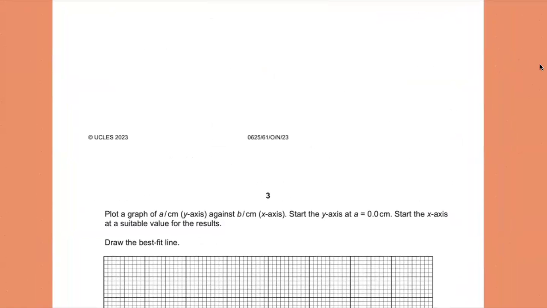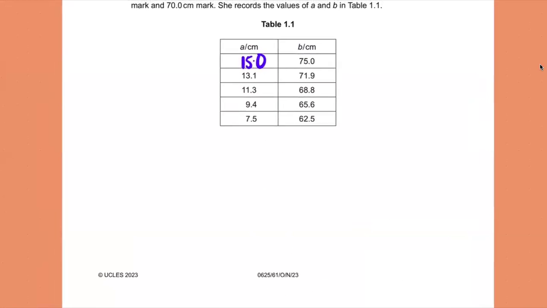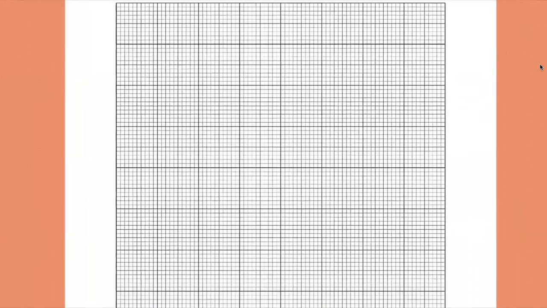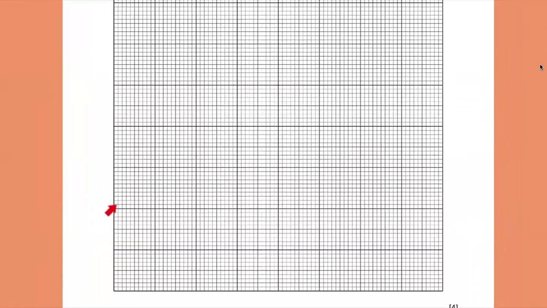So you have A on the y-axis, B on the x-axis, and you are supposed to start the y-axis at 0. So from 0, I have to go up to exactly 15. Let's see what values I could take. Maybe something like this: 2.5, 5, 7.5, 10, 12.5, 15. So this is good enough.